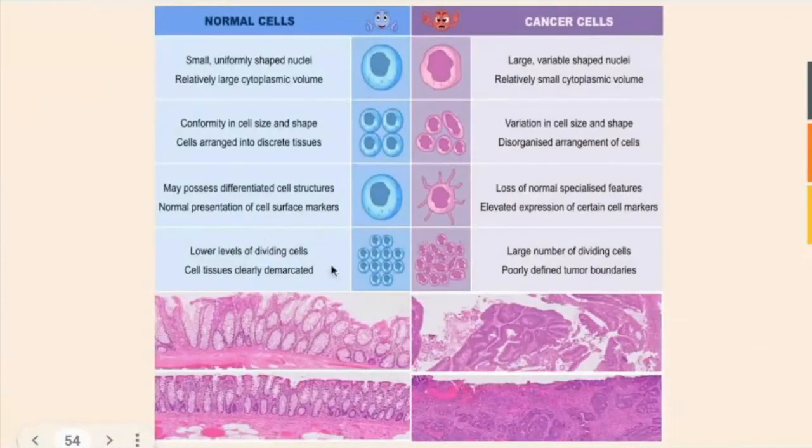I will show you how to observe the slides with dividing cells. We can see that the cells are actually dividing when we fix the cells. In tumors there is a large number of dividing cells and poorly defined tumor boundaries. No boundaries, the plasma membrane is already broken, so there are no more single cells.